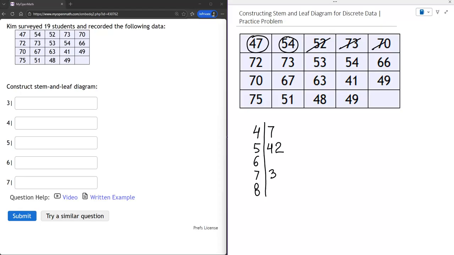73, 70, 72, 73, 53, 54, 66, 70, 67, 63. And it's important, as you're writing this down, to keep all the second digits aligned vertically. 49, 75, 51, because that vertical grid is kind of part of the visual summary. 48 and 49.